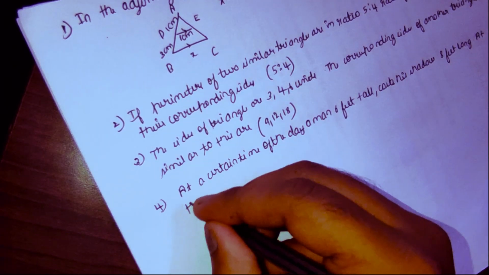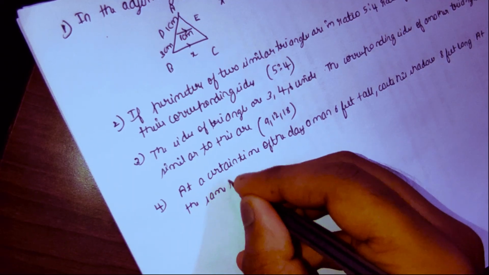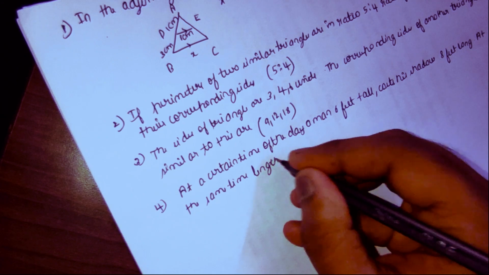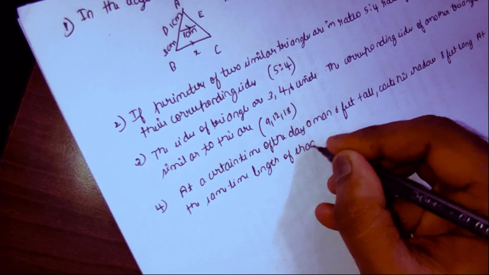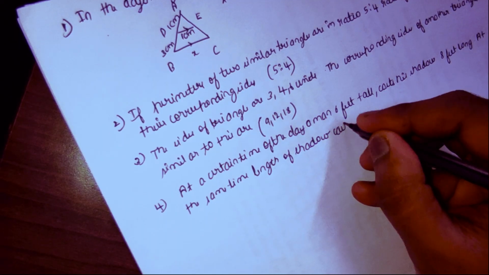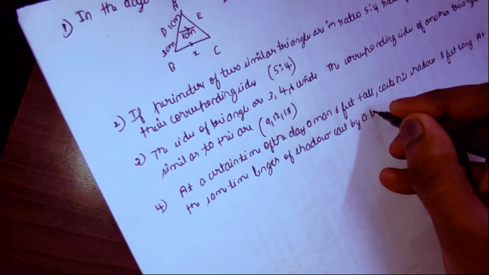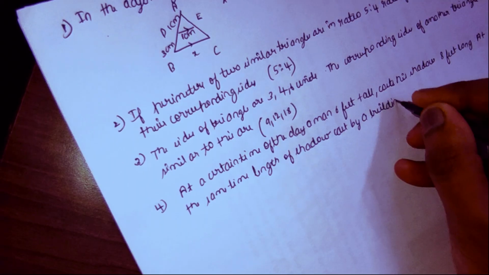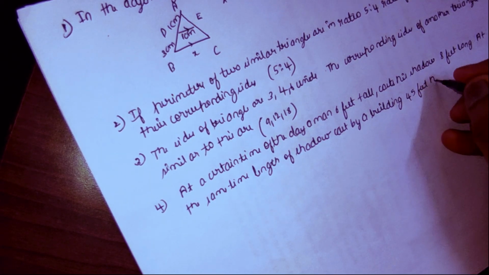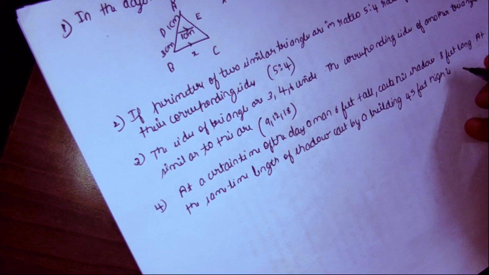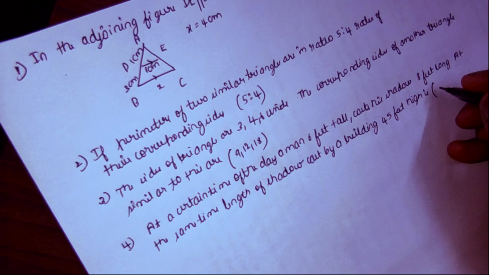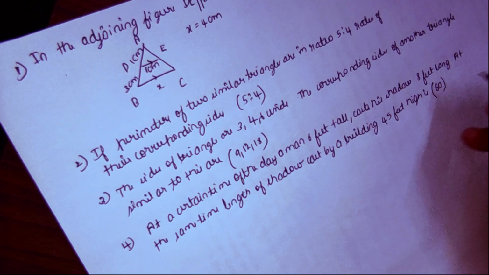At the same time, length of shadow cast by a building 45 feet high is. The answer is 60 feet.